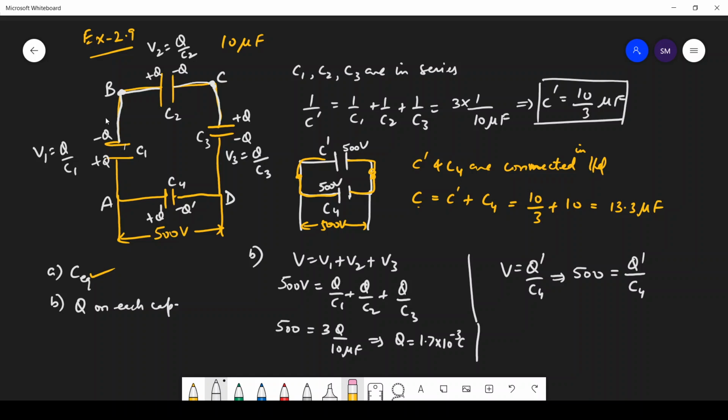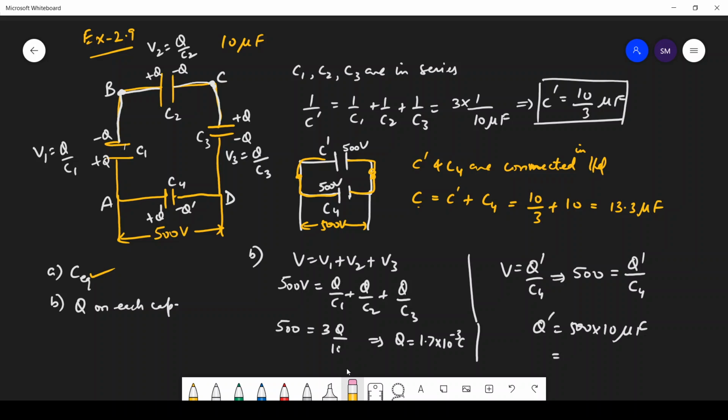So that's the charge along C1, C2 and C3. And now what about C4? Here Q dash is equal to 500 into 10. Students, one thing we need to do is that this microfarad, when I'm putting this value, you cannot put this value like this.